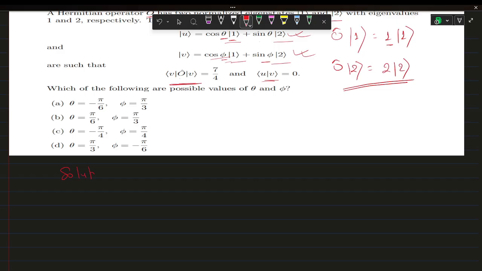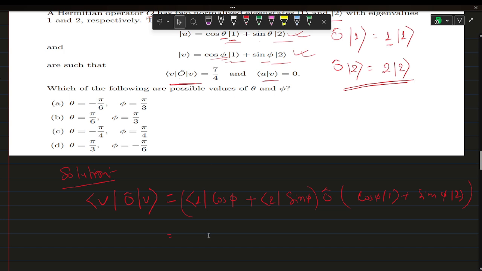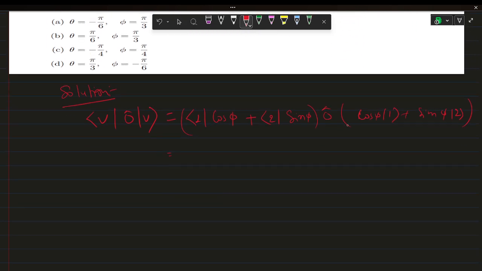So let me write the solution. Here ⟨V|O|V⟩ is equal to, we can write, (cos φ ⟨1| + sin φ ⟨2|) O (cos φ |1⟩ + sin φ |2⟩).